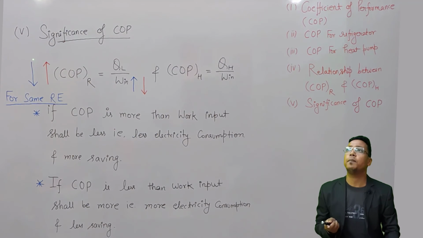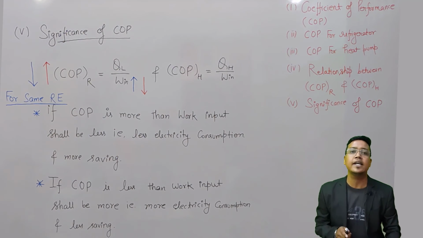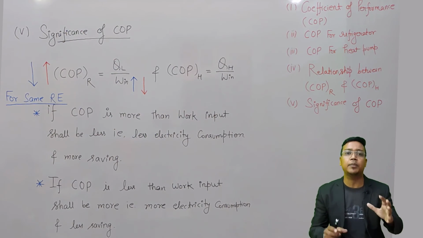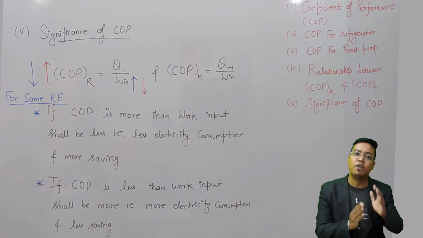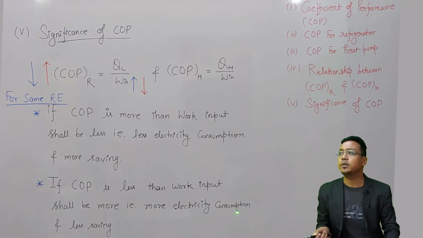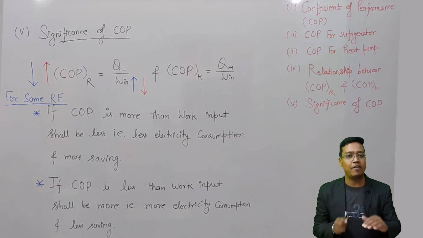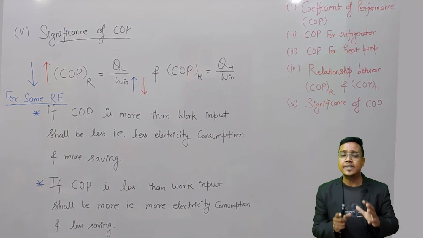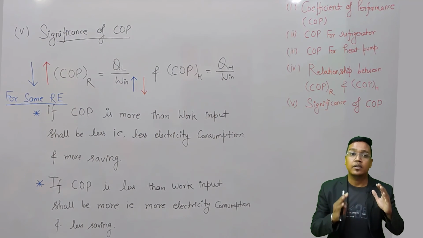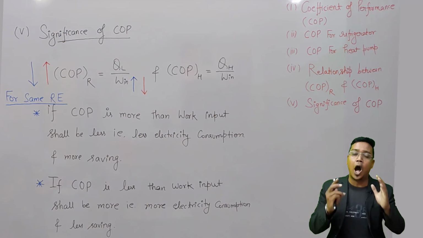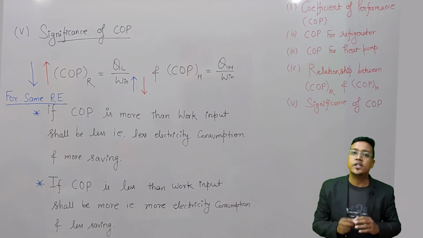It means if COP is reducing, then work input will increase. It means electricity consumption of the refrigerating system will increase, and saving is less. That means COP has that much significance in how we reduce the electricity bill in our house.